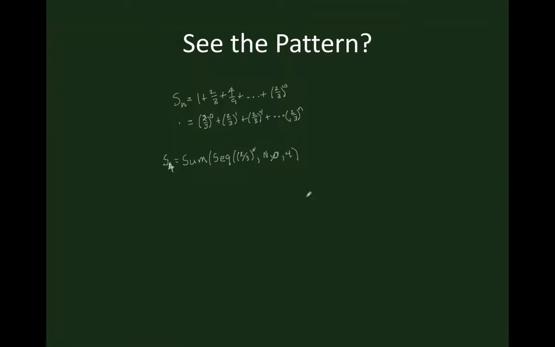The nice thing about the calculator is we can do a lot of different partial sums. So we could do the S sub 12 partial sum, for example. That would be sum, sequence, 2/3, n, 0, 12.